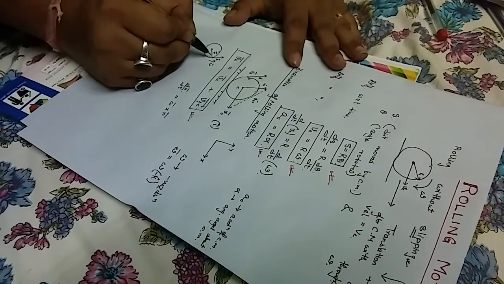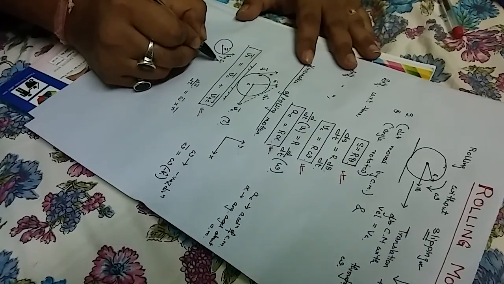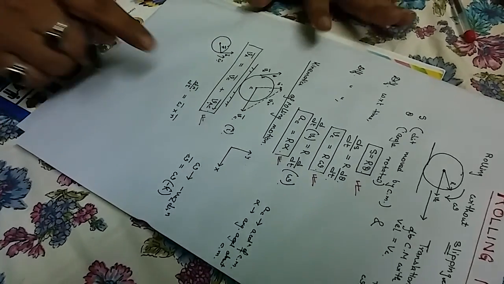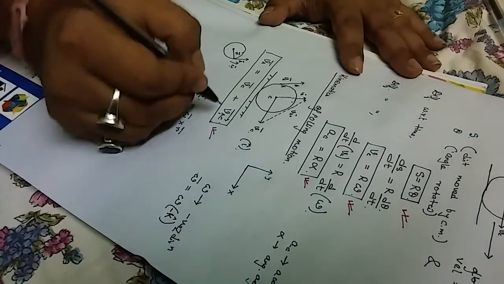Any vector rotating about a point with radius r with angular velocity omega can be written as dr/dt equal to omega cross r.